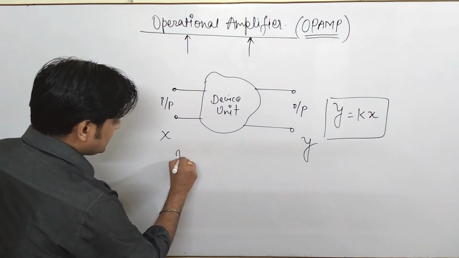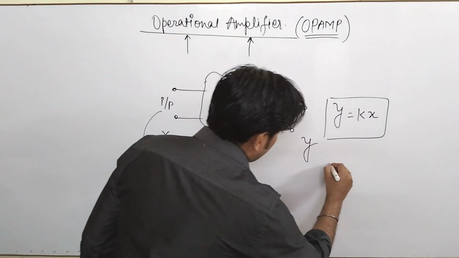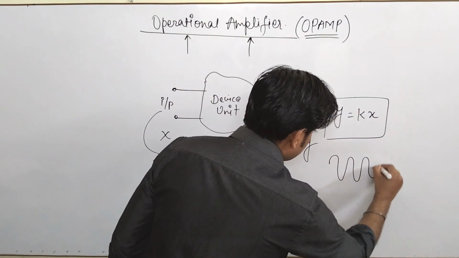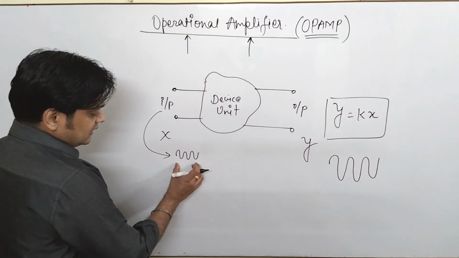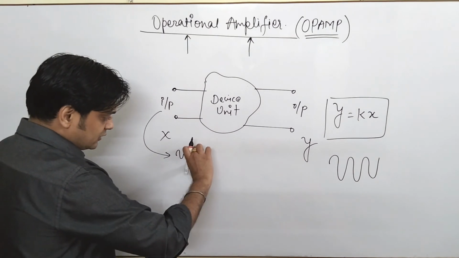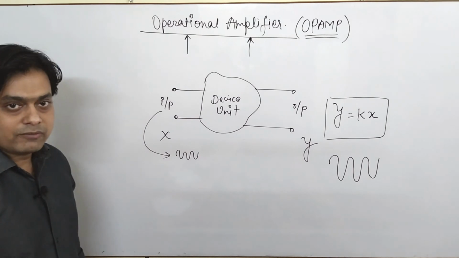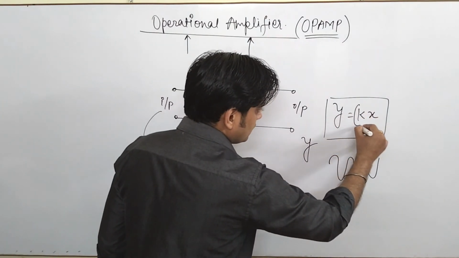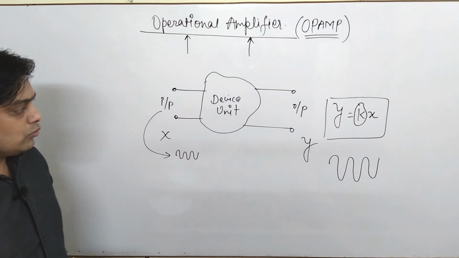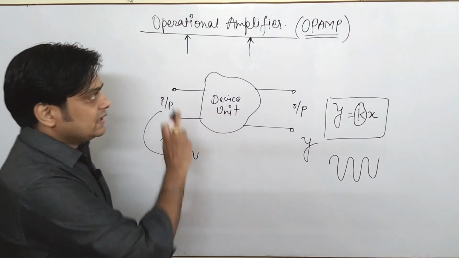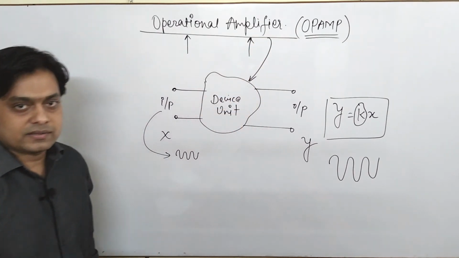Or you can say, if a signal is applied at the input of this terminal, somehow you will get an enhanced signal at the output of this terminal, say Y. So this signal, which is of some small magnitude, now gets enhanced by some value, and that value is known as K. So this unit is basically known as an amplifier.